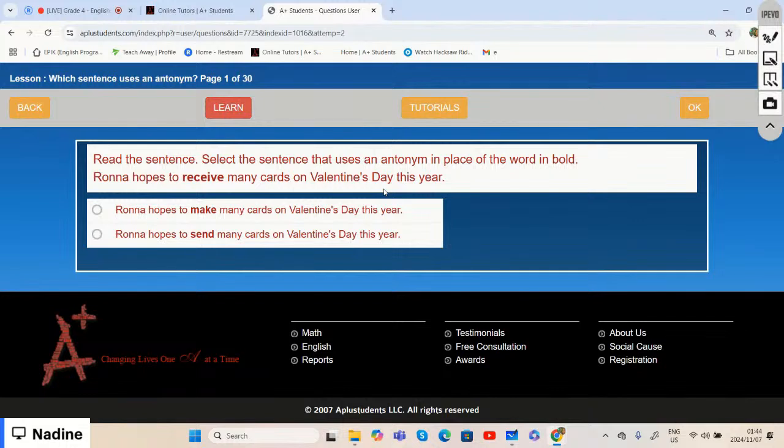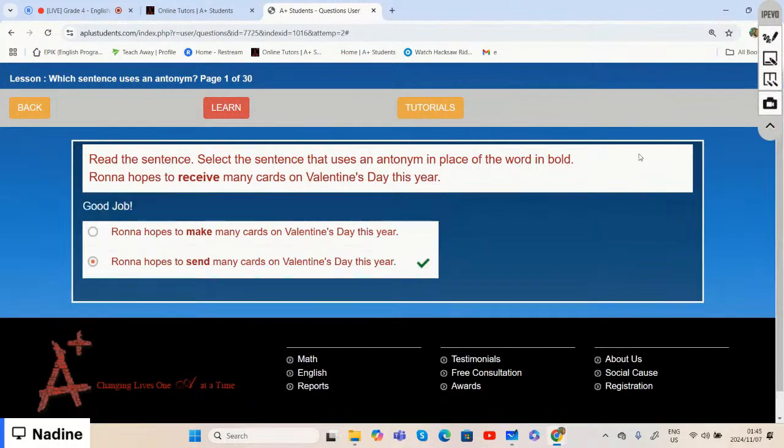If we were to select the sentence that uses an antonym, the opposite of receive is to send. Well done.